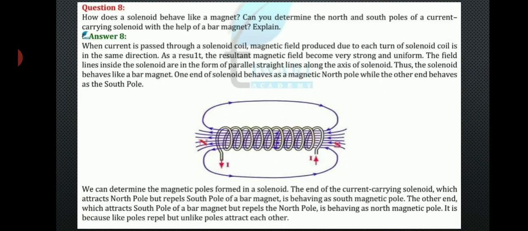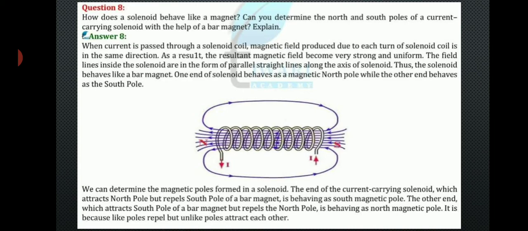Next one: how does a solenoid behave like a magnet? Can you determine the north and south pole of a current carrying solenoid with the help of a bar magnet? Explain. When a current is passed through a solenoid coil, what is a solenoid? It is a cylindrical shape pipe around which the wire is wound. The magnetic field produced due to each turn of the solenoid coil is in the same direction.